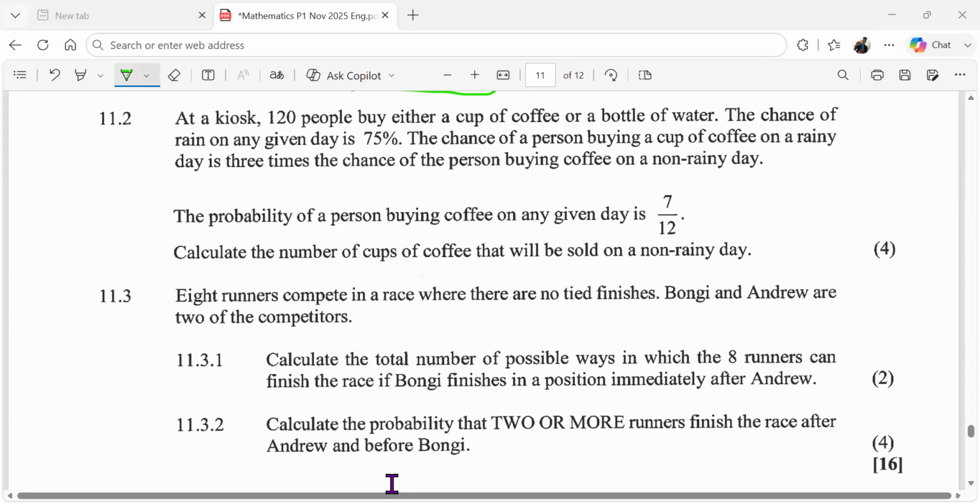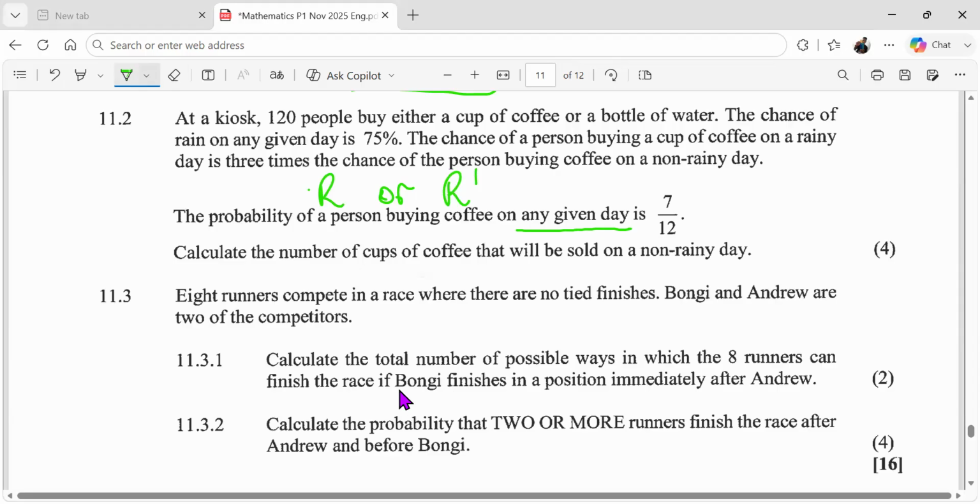Listen to that statement. On any given day, which means whether it's raining or it's not raining, the person can buy coffee. So I'll just say R prime to show that it's a complement. Do you see that? Whether it's raining or it's not raining, probability of buying coffee is 7 over 12.